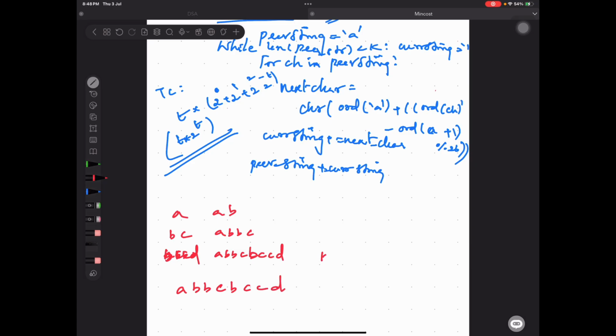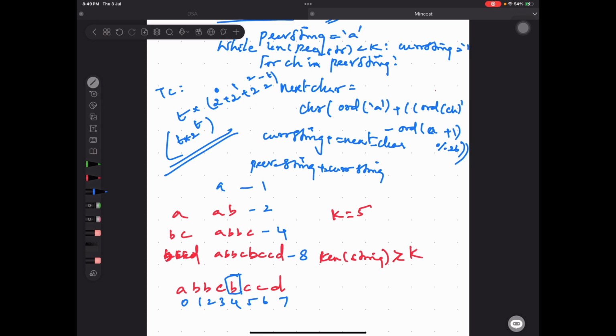when the previous length of the string goes greater than k, equal to 5 here. So let's assume this is 0 based index, right? 5 means we have to take 4. So 4, what is this? 2, 4, 8, length again A equals 1.